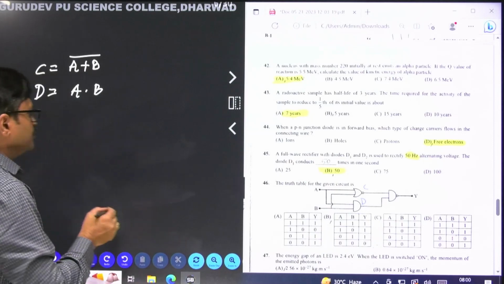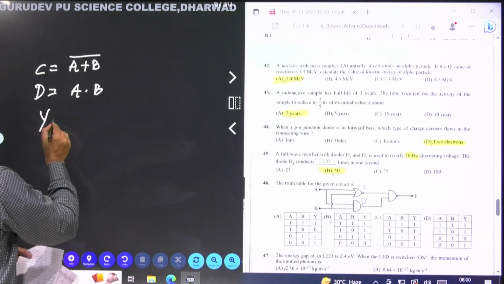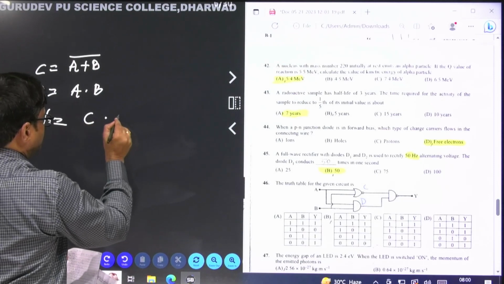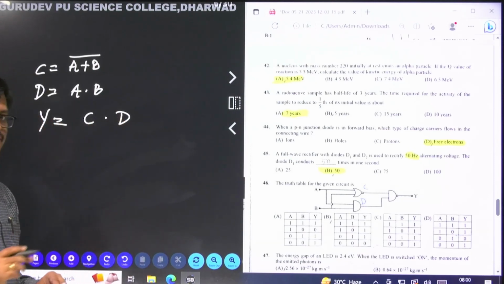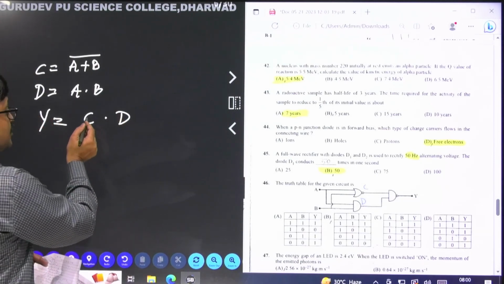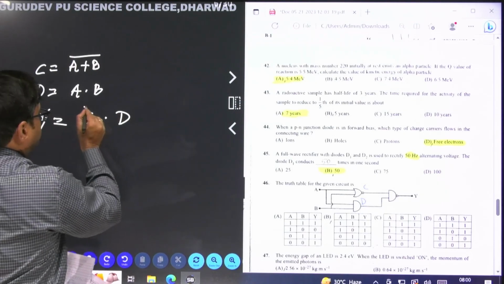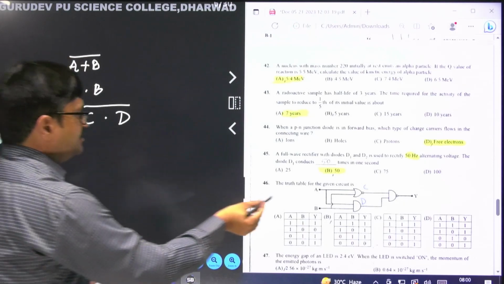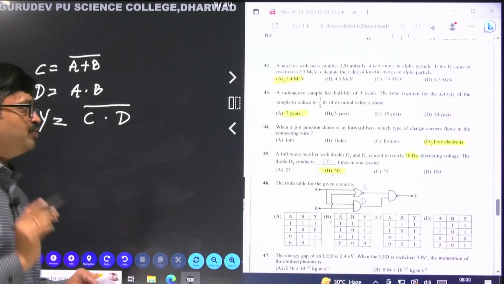So the Y output is (C dot D)', because it is a NAND gate.